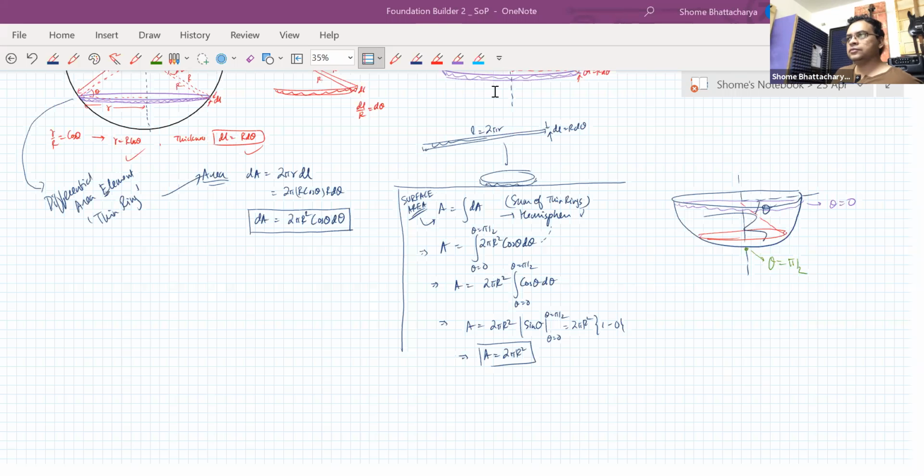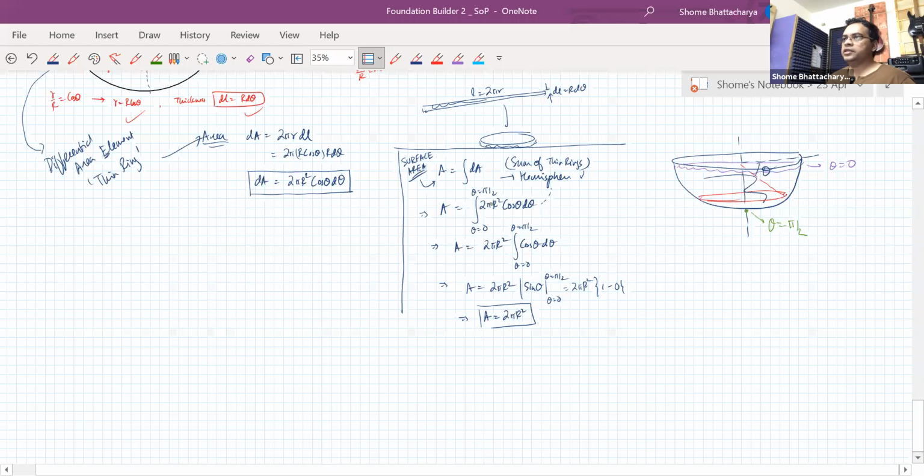Those two circles are very close to each other, so between them they will slice a thin ring. And the thickness of that ring, which is the distance between the pencil tip and the pointer, that distance is your DL, which is R d theta. So my interpretation was correct in that real life example. Yes, correct.